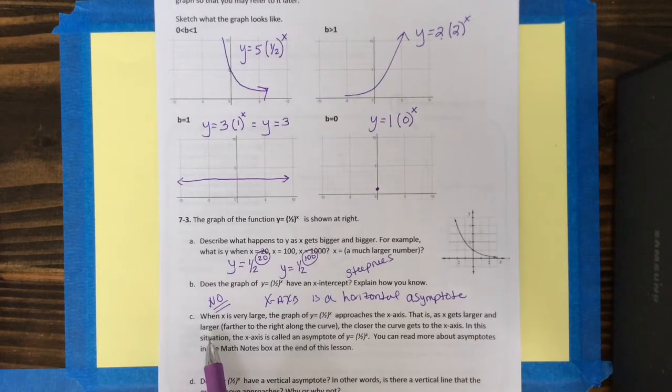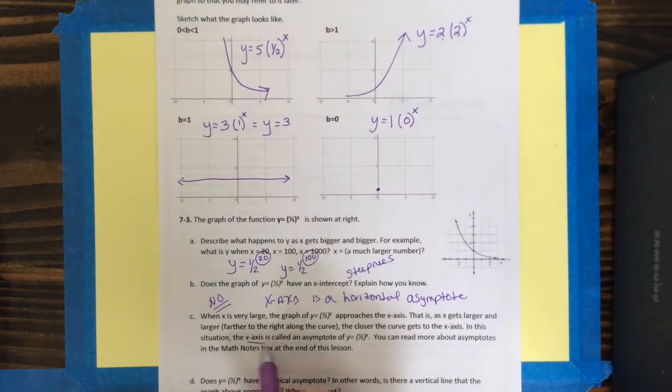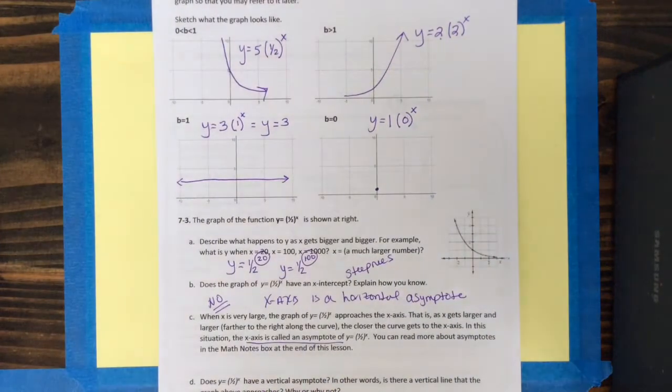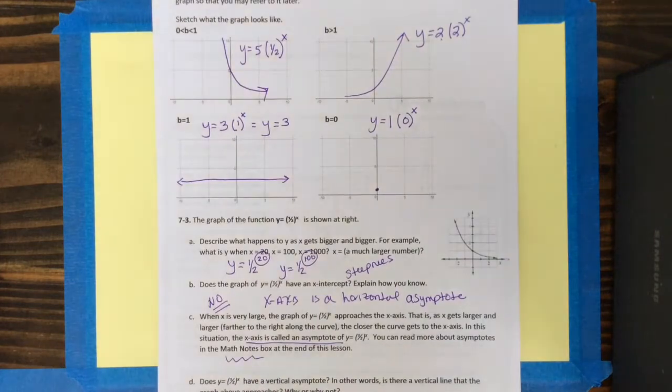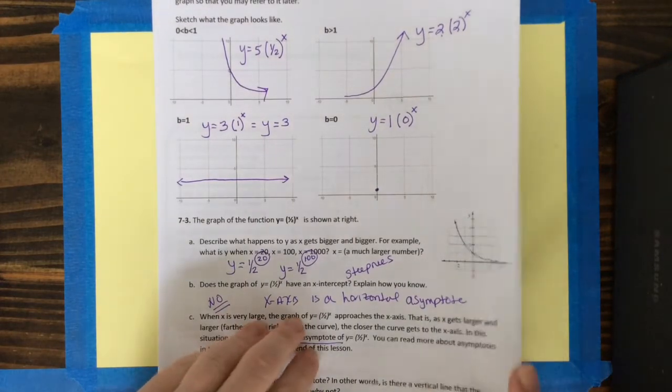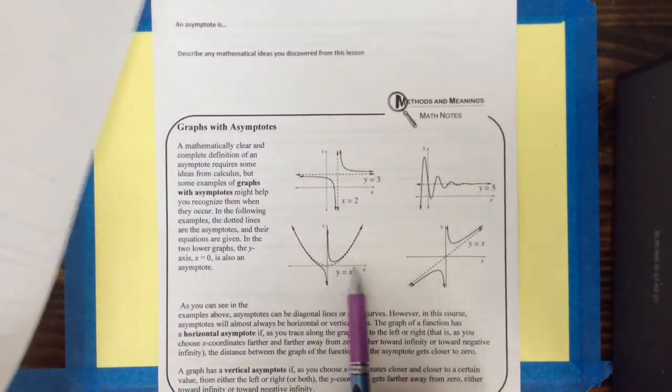That is, as x gets larger and larger, farther and farther to the right, the closer the curve gets to the x-axis. In this situation, the x-axis is called the asymptote. You can read more about this in the math notes at the end of this lesson, and they are right here on the next page.